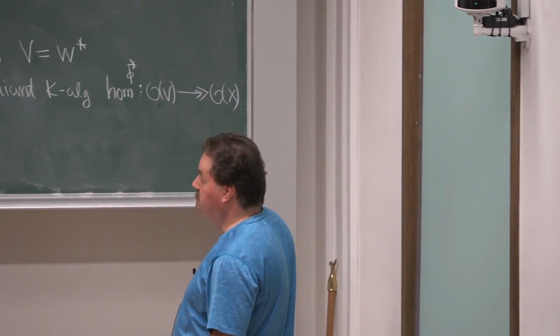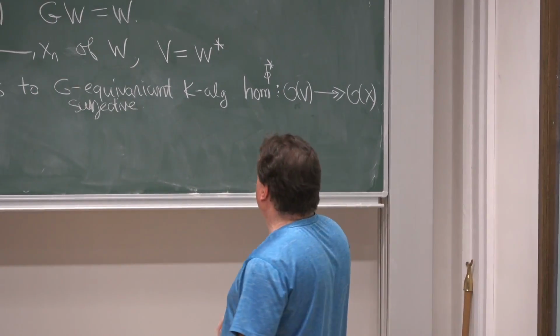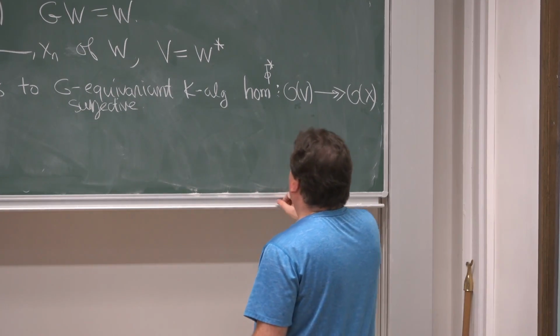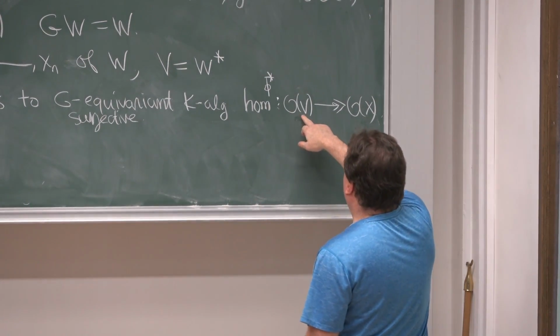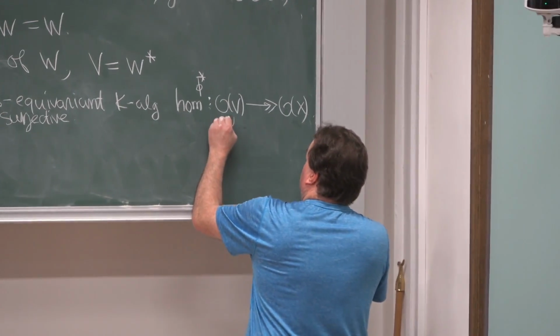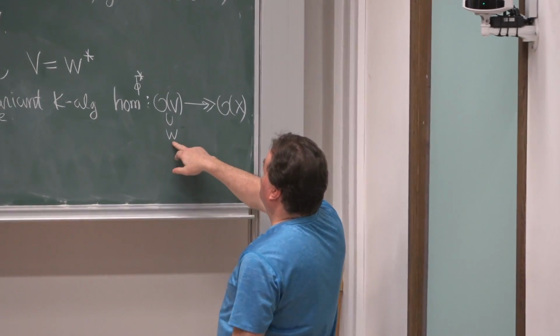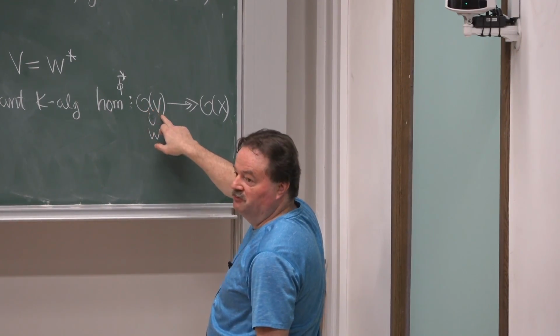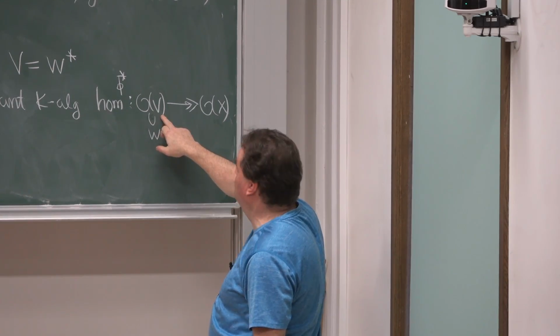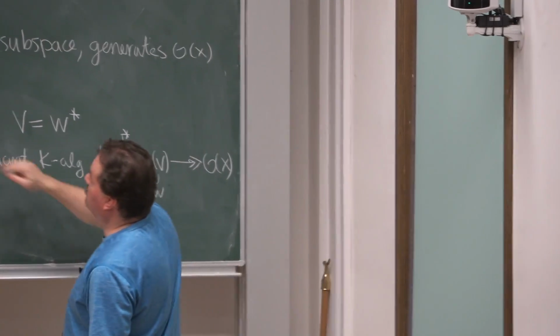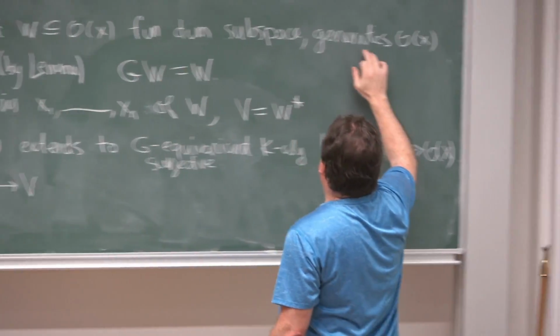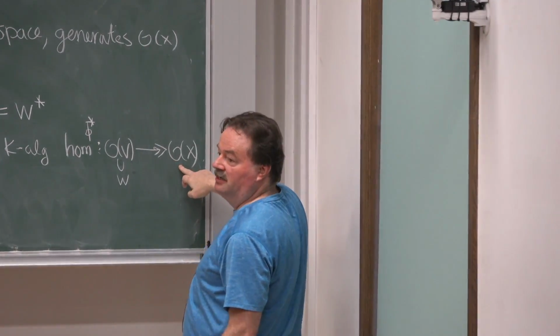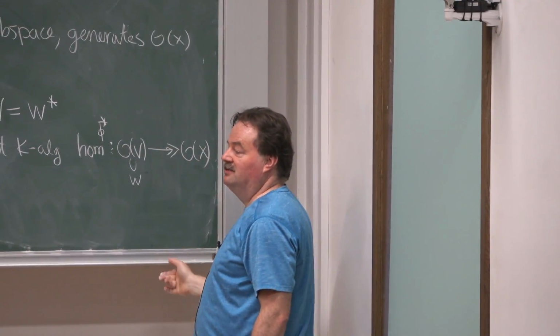Why is it so different? Because this W is contained in here, which is exactly all the homogeneous polynomials of degree 1. W generates this ring here, by construction.